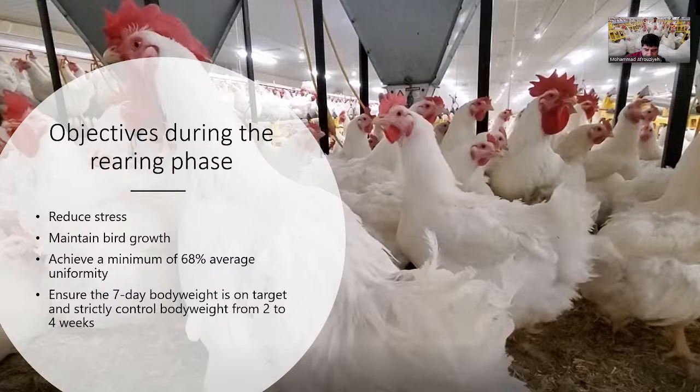The other question is, why do birds above the target body weight perform better than the ones on the target body weight? That's a really good question. Because if we are going above target body weight, we are building body reserves for their future.